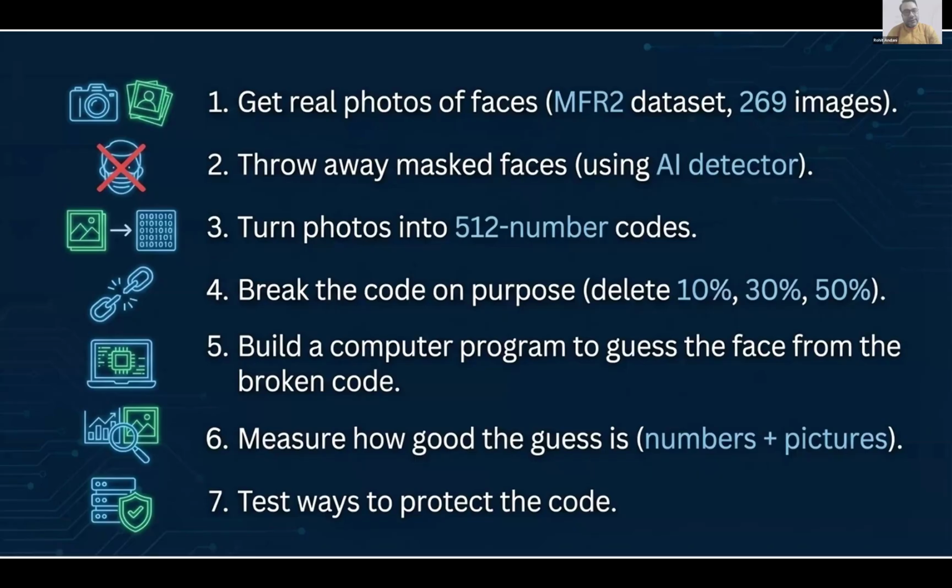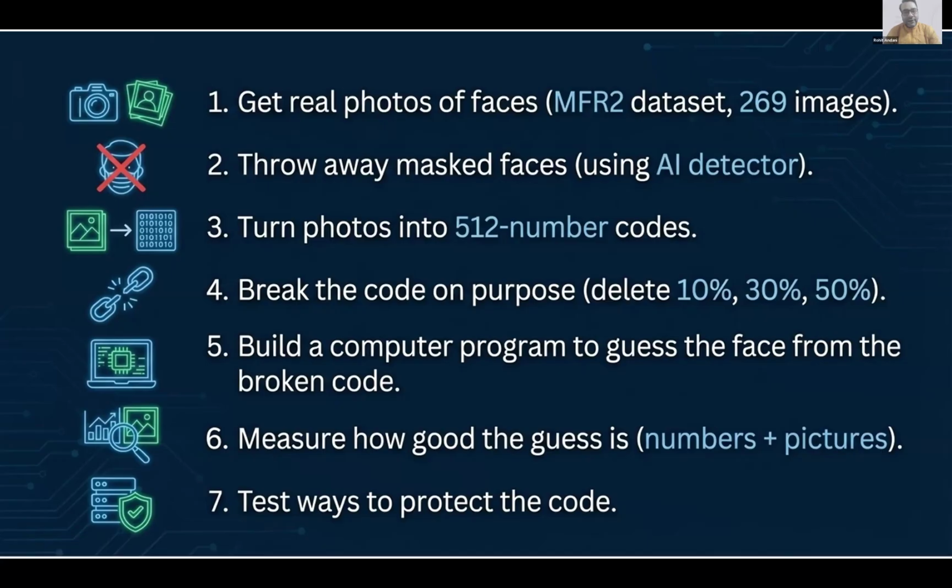So we chose the MFR2 data set, which contained 269 images, with around 50 plus images of celebrities. Some of the pictures had noise, like a mask, and some were not in the right direction.